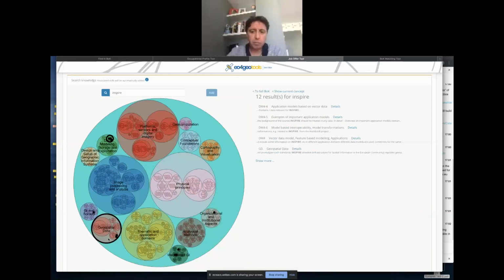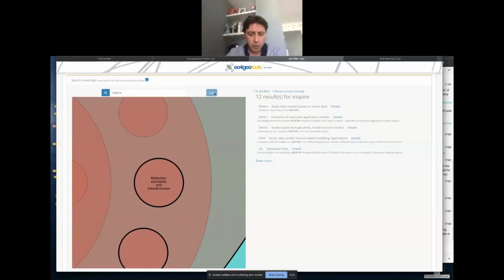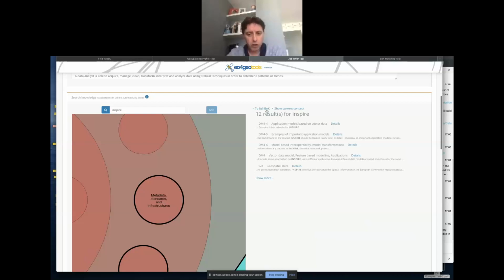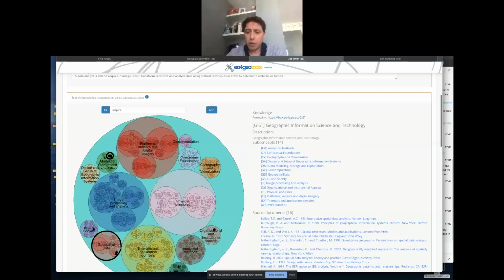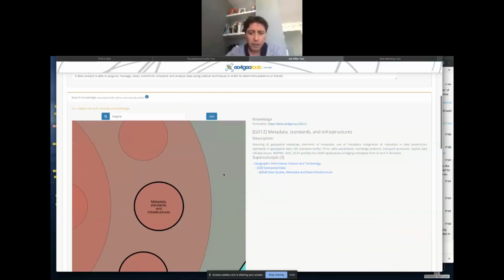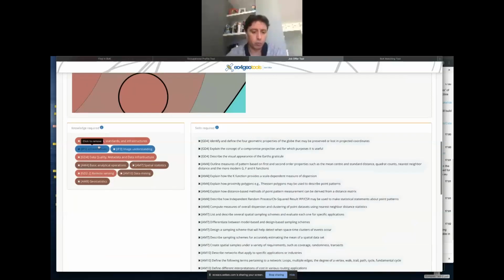For example, the book visualization that Rob already showed you and that you will also see in our tools is available as a component. So if anybody wants to develop an application on top of the body of knowledge, they can use our API and our components. It's a bit like Google Maps: a few lines of code, and you have the book visualization embedded in your own tool.